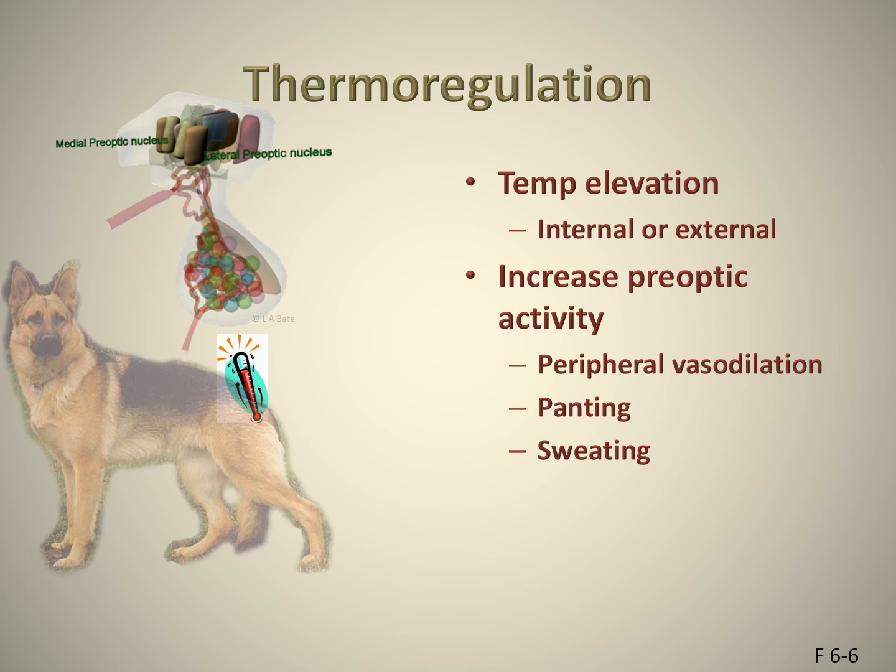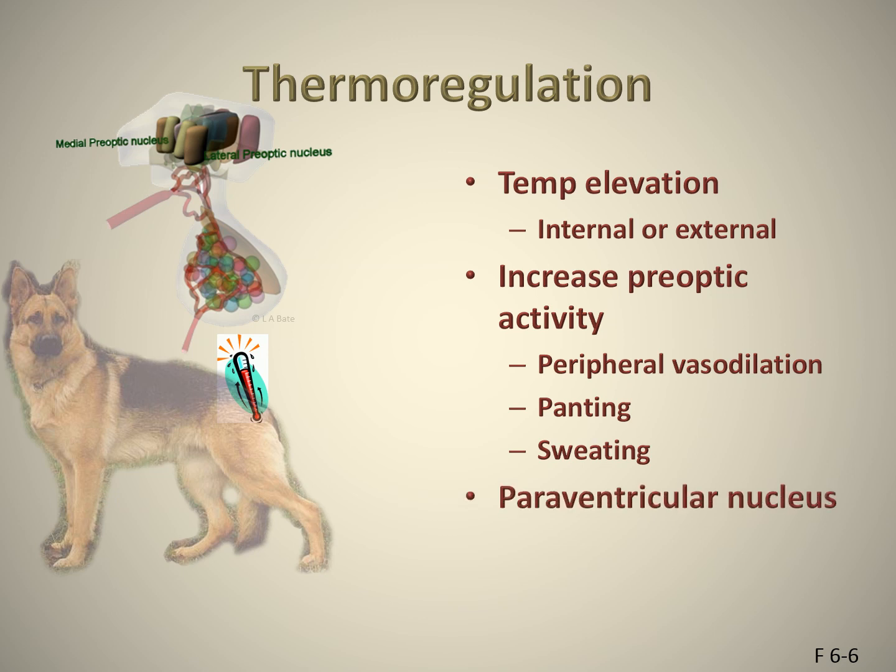Dogs do not sweat. That's why the only area through which they can evaporate liquid to cool down is the tongue. In other animals, the same condition of elevated temperature will be dealt with by sweating instead of panting.